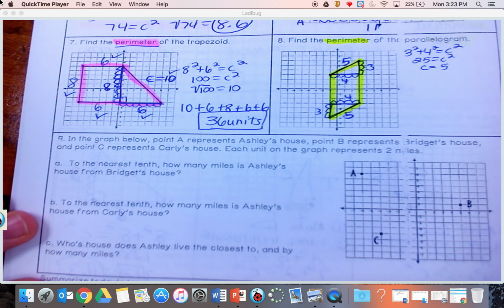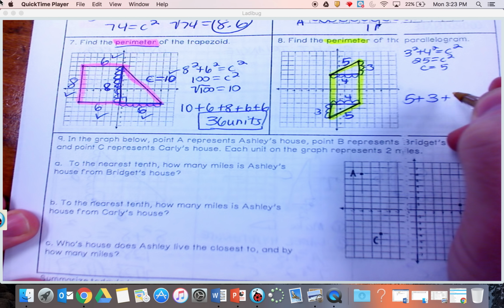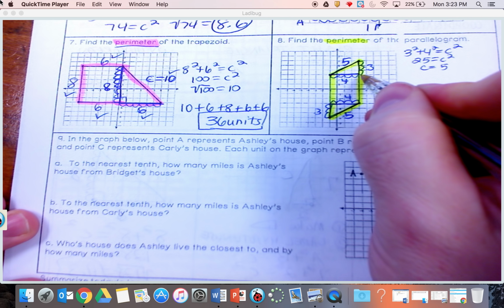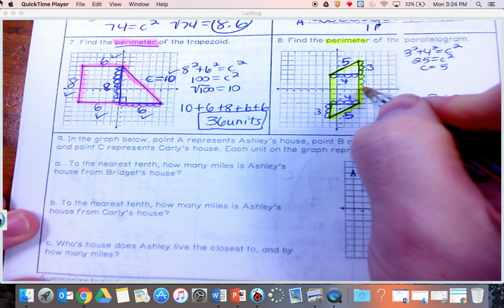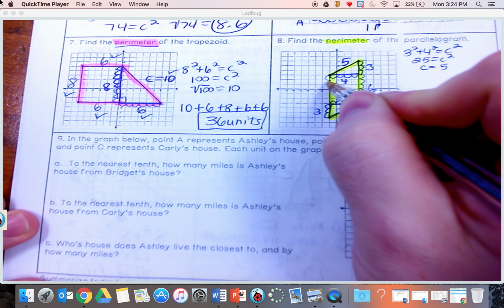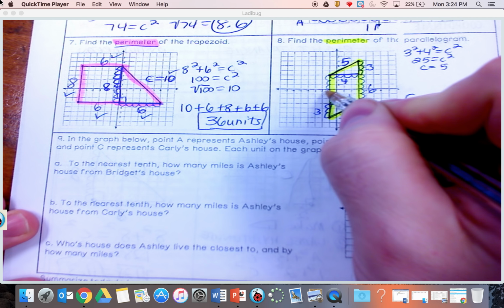Now we just have to count up what we got. So here we go. So I got 5 here, plus 3 here, plus that 3, plus that 5. And this right here is going to be 1, 2, 3, 4, 5, 6. This is 1, 2, 3, 4, 5, 6.